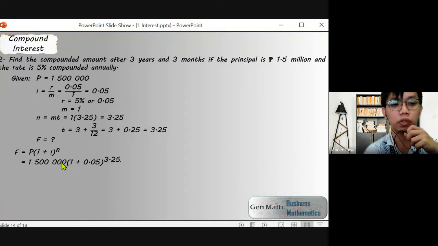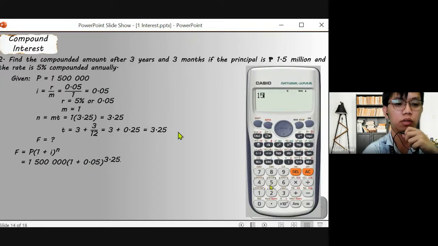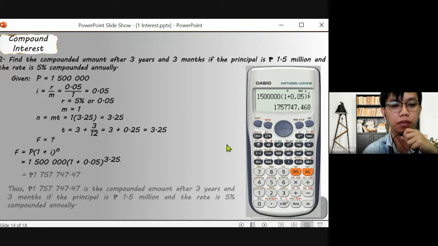Then just substitute the given. Ano ang value ni P? That is 1,500,000 times 1 plus that value of I, which is 0.05, raised to the value of N, which is 3.25. And then you can use here the calculator to solve. That is 1,500,000 multiplied to 1 plus 0.05 raised to 3.25 equals 1,747,747.47.